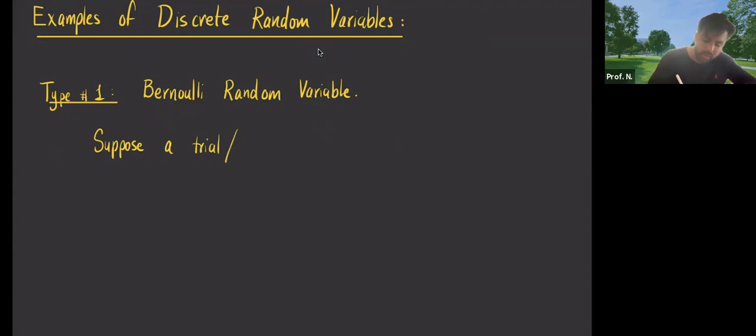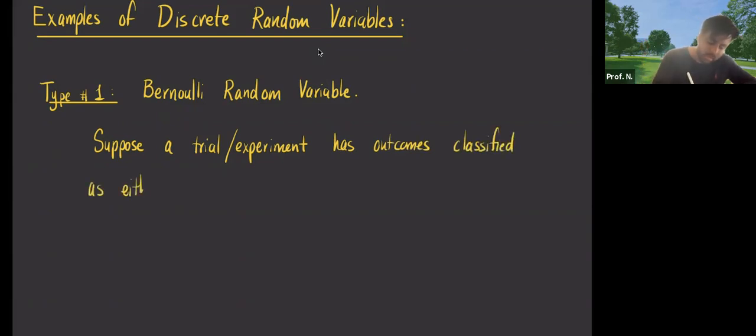So suppose a trial or experiment has outcomes classified as either a quote-unquote success or a quote-unquote failure.